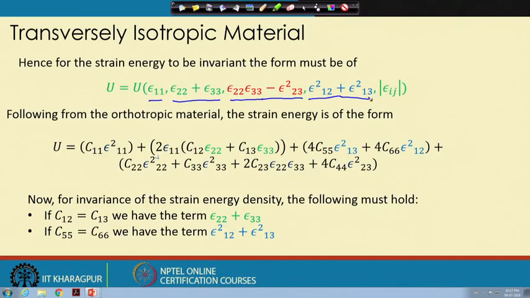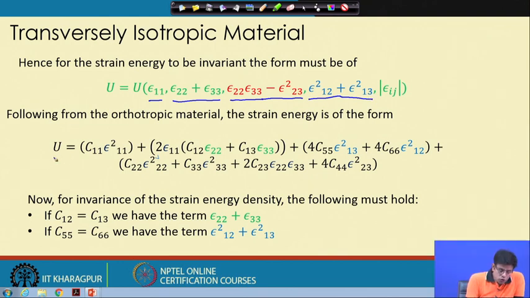In addition to the orthotropic assumption, there is an axial symmetry about an axis. So the strain energy function is this. Now, if you look carefully at this strain energy function, I have manipulated it a little bit to put the specific quantity in specific braces.